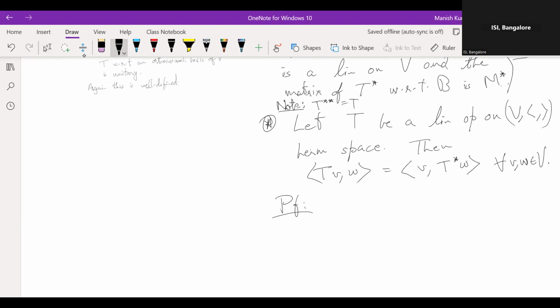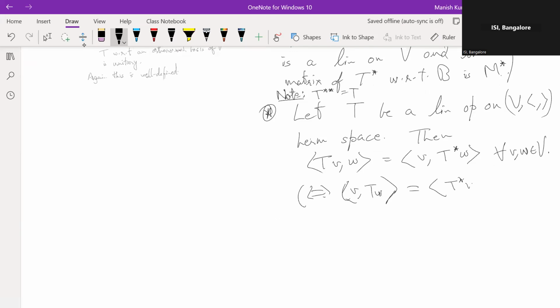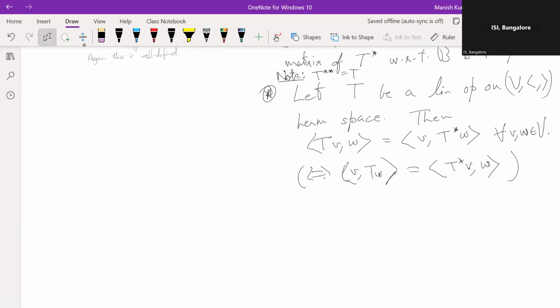In many textbooks the formula is written somewhat differently, so maybe I'll write the more prominent one. This is equivalent to saying that the pairing of V with TW is the same as the pairing of T star V with W, because T double star is the same as T. Okay, so what is the proof?